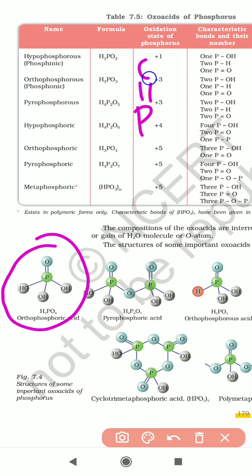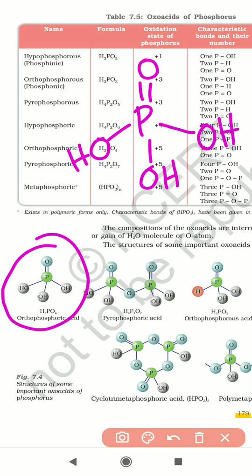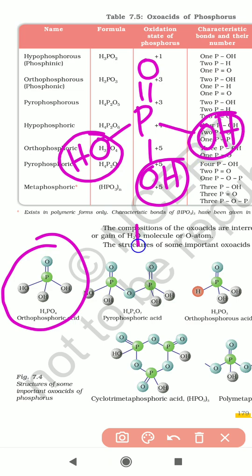So how do we write the structure of H3PO4, orthophosphoric acid? How many hydrogen ions can easily participate in bond formation, that is, be replaced? Totally 3 hydrogen atoms are replaced. That is why this is called a tribasic acid.